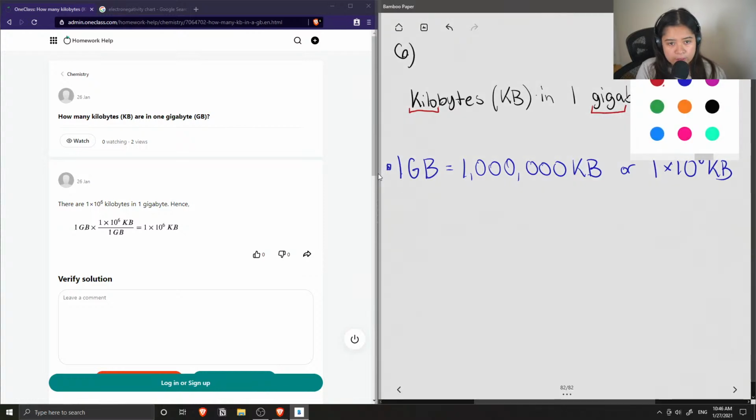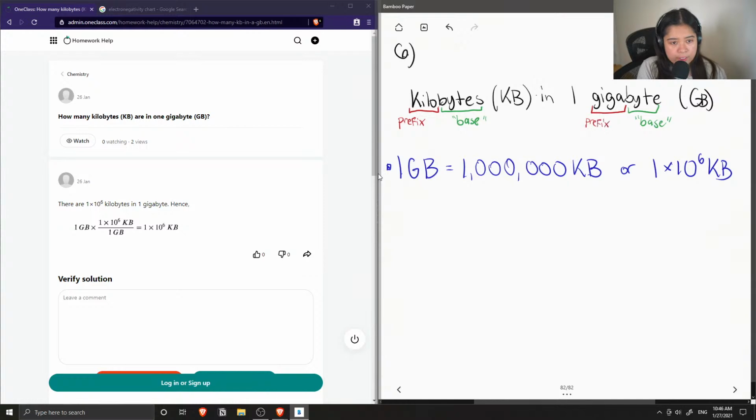So we can also change our base, which is bytes. Let me call this your base, and then these are the prefixes. We can change our base to anything we want. So let's say we had kilometers.